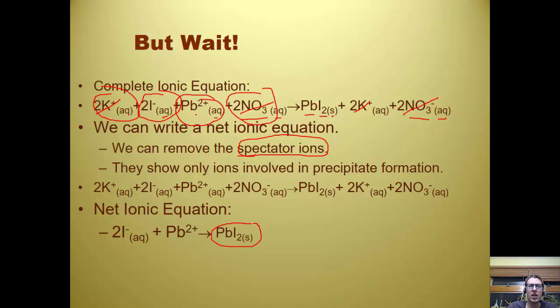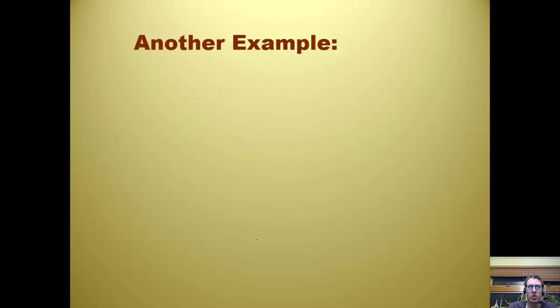And even though these are not in that order here, because Pb is our cation, it comes first, and we see this actually should have aqueous here. 2 iodide aqueous plus Pb2+ aqueous yields PbI2 solid. That is our net ionic equation.